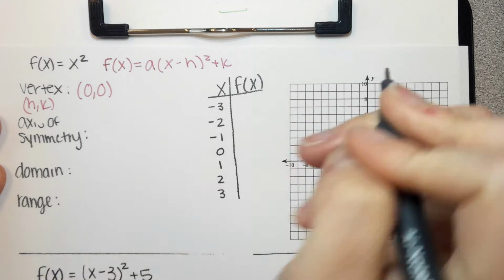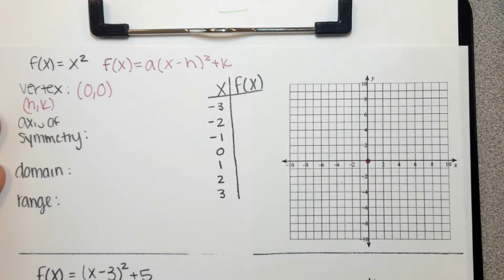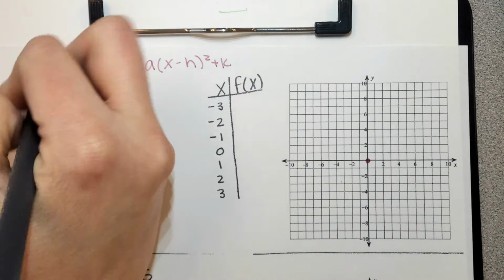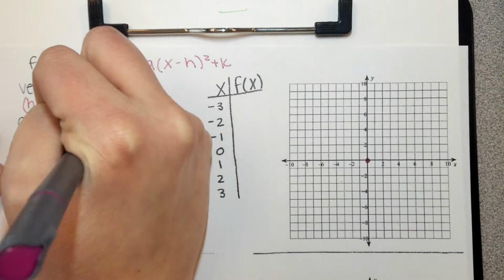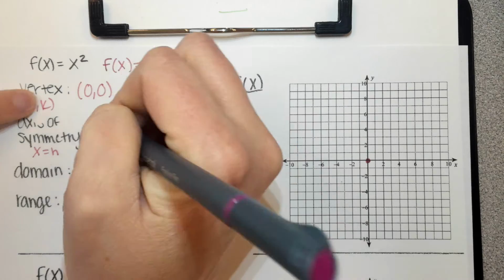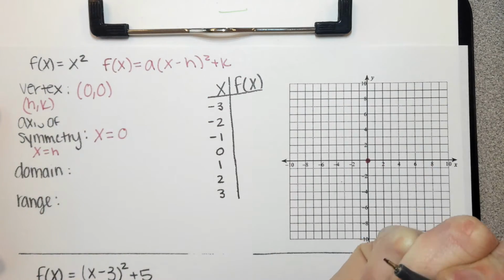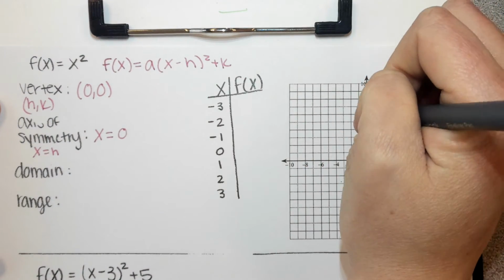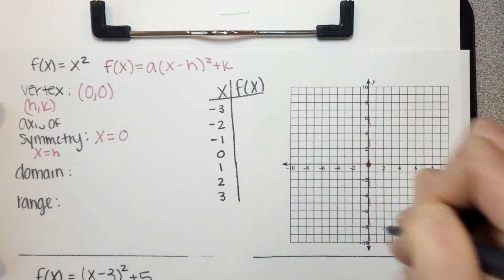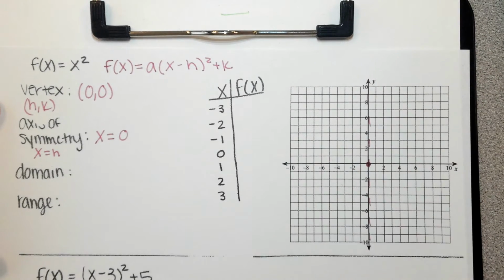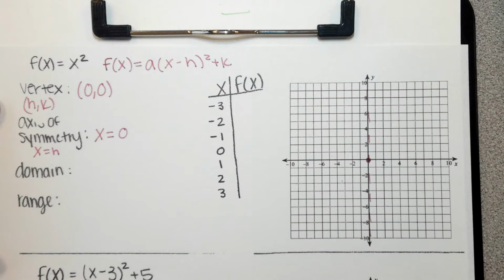I'm going to go ahead and put that on the graph, 0, 0. Okay? The axis of symmetry is just x equals h. So x equals, my h is 0. Okay? So that means that this is my axis of symmetry. If I fold my parabola across that line, it's going to match on both sides.